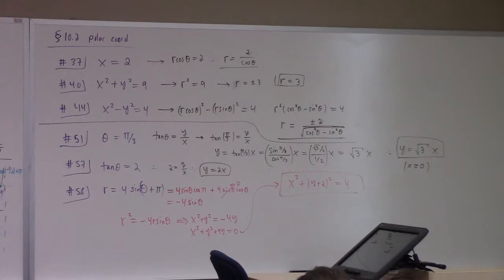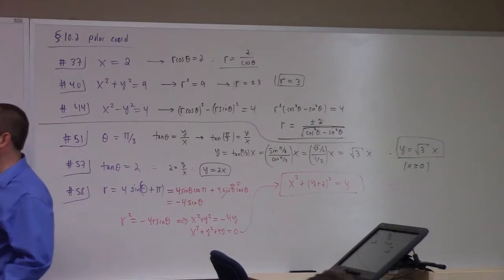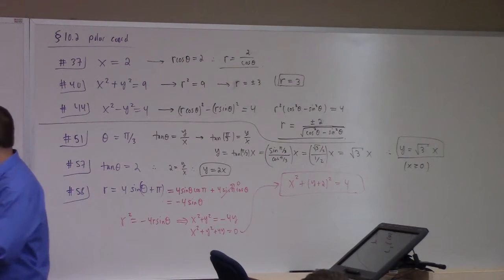centered at 0, 1/2. So r equals sine theta, I think we plotted this one before. I'm sorry I'm working so small. So there's the sine theta one. How about our cosine theta?